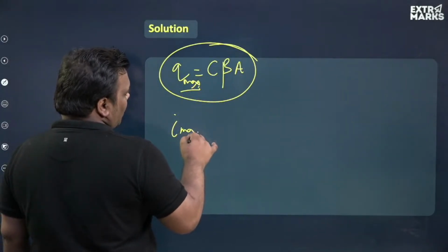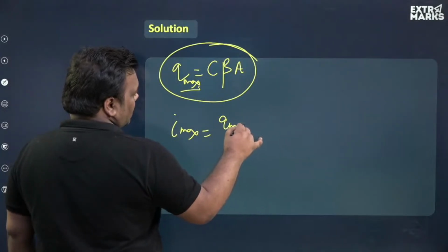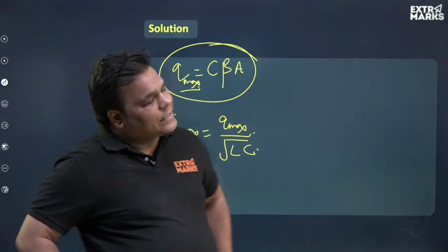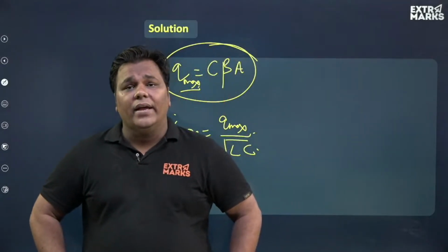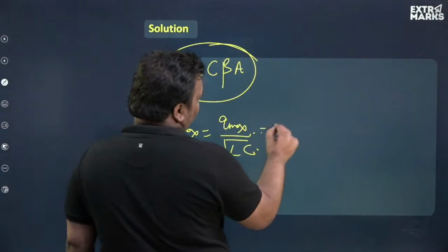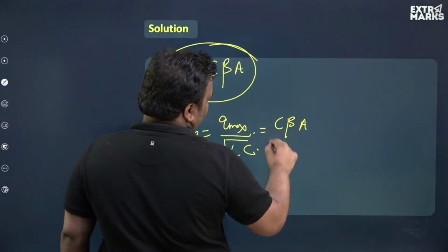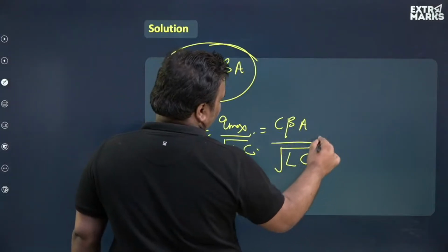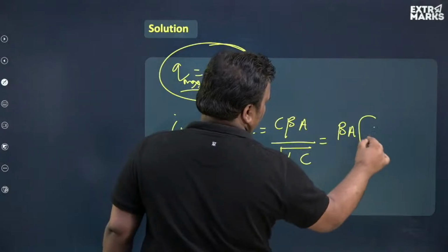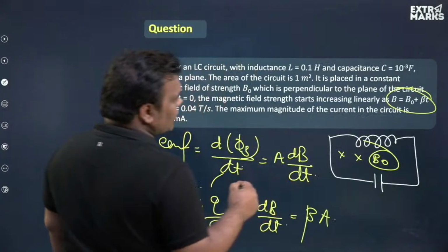What is the maximum I max? Q max divided by root LC. Since you know that, it will be C beta A divided by root LC, that is beta A root C by L. Now just put the value.